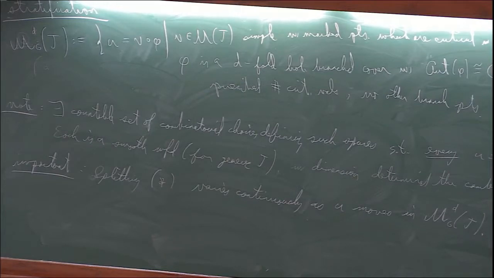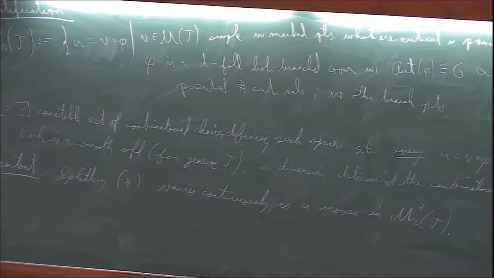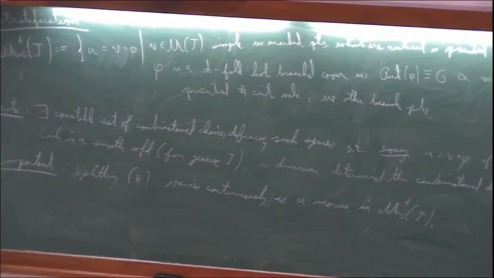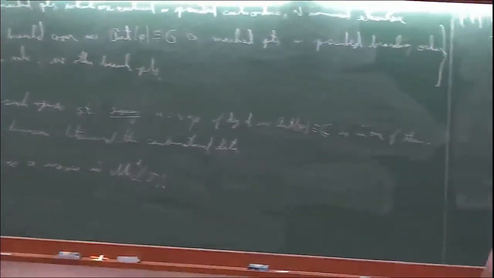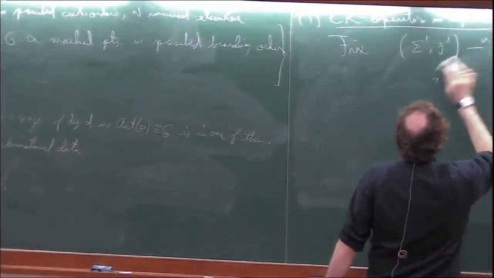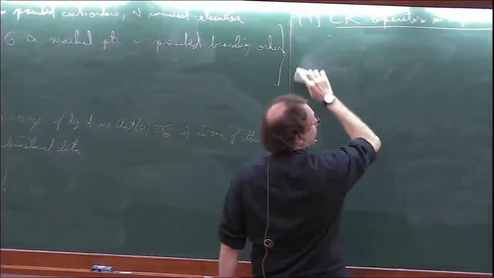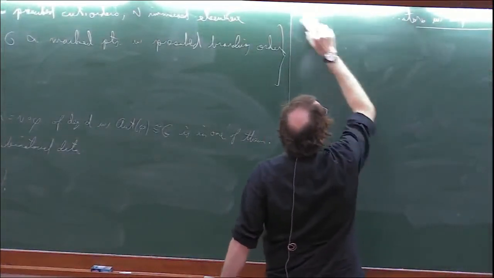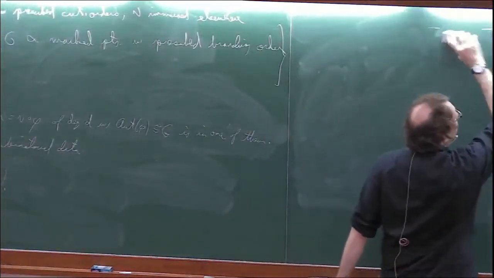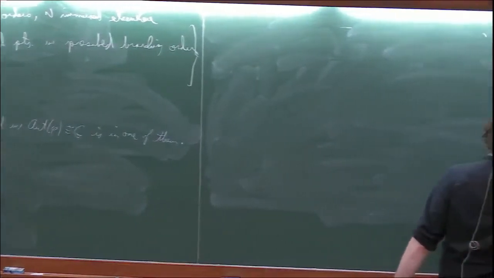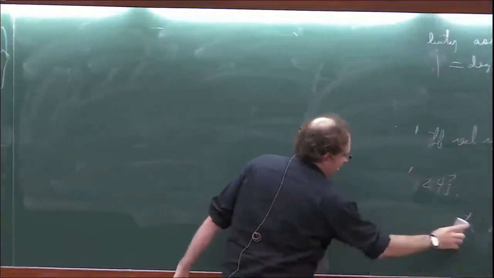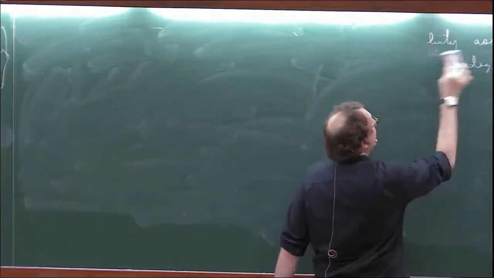If I'm additionally prescribing the branching behavior of phi, that ensures that its automorphism group is not going to change. And that helps me ensure that this splitting will also move continuously. Each individual operator in that splitting moves continuously. So in particular, they're all Fredholm, and their Fredholm indices don't change.